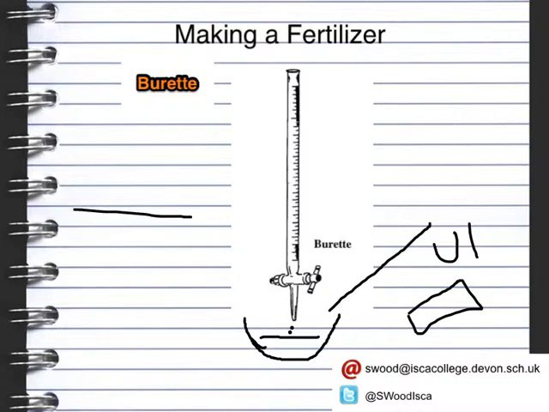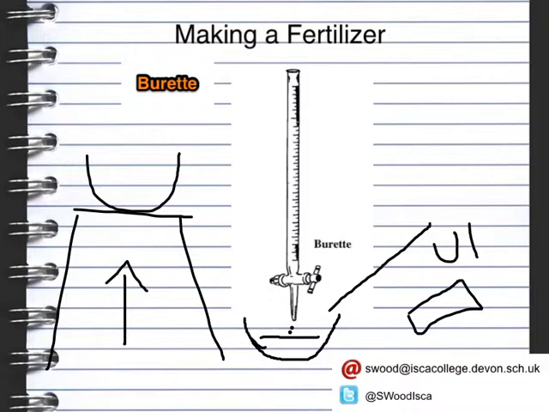We can heat this directly with a Bunsen flame, or we can use a beaker of hot water and put the evaporating basin over the top to evaporate the water off that way.